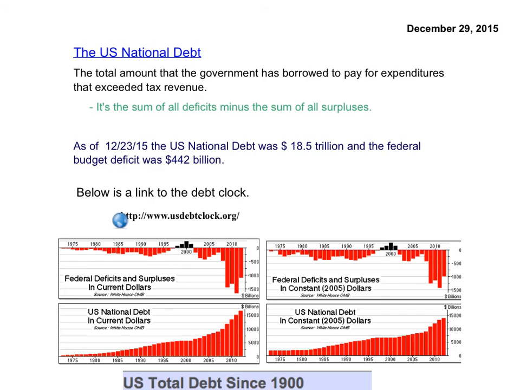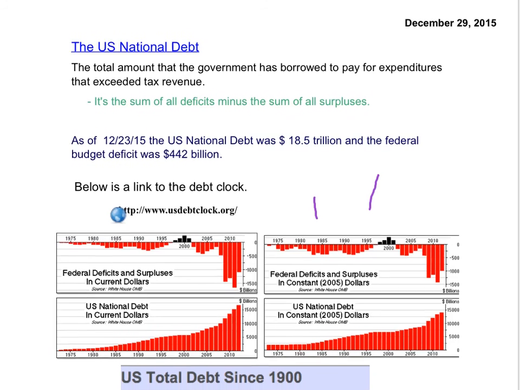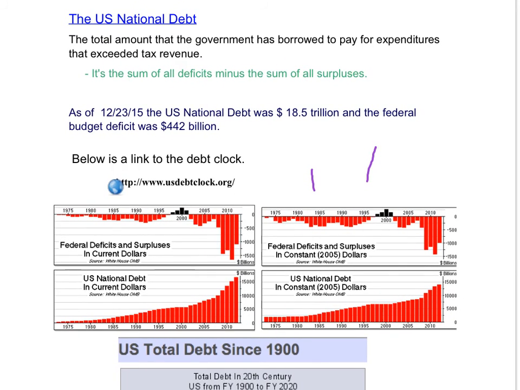So back to the U.S. national debt. As stated, our government has borrowed more than we have in tax revenue, so we have a national debt. Right? The sum of all deficits minus the sum of all surpluses.